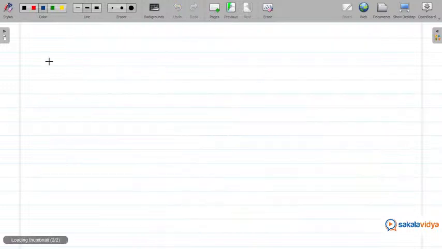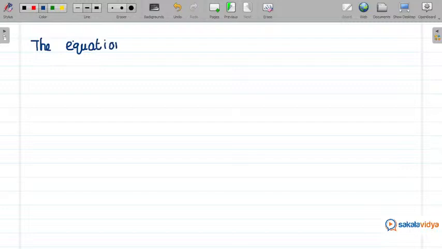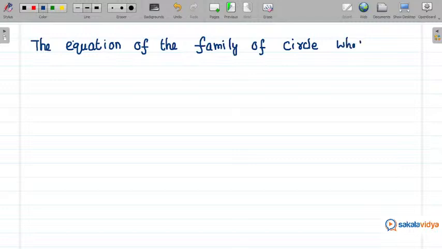That means we can write the equation of the family of circles whose center is on x-axis and passing through the origin.